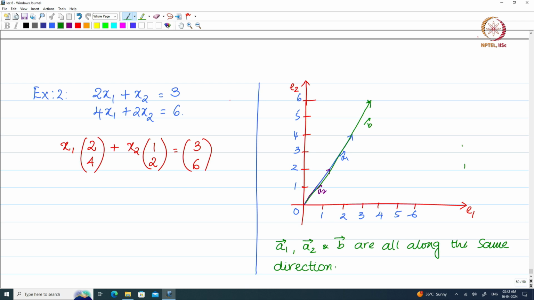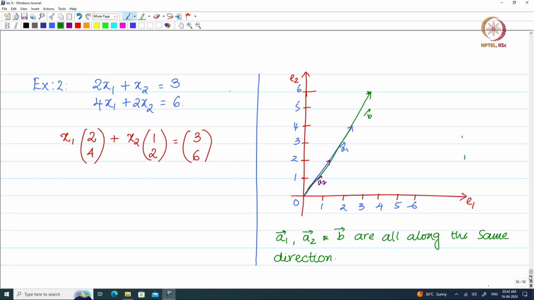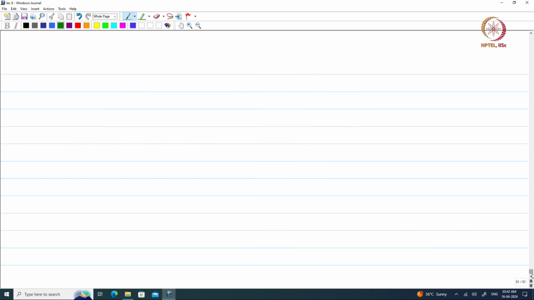And if you remember, we had done this: vectors which are along the same direction are vectors which are multiples of each other, and we call them linearly dependent vectors. So, in this case the vector 2 4 and the vector 1 2: 2 4 can be written as 2 times the vector 1 2.